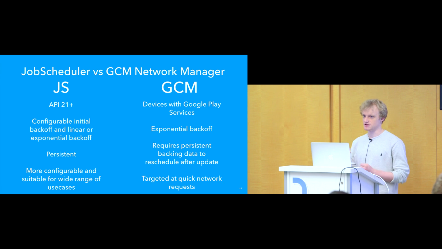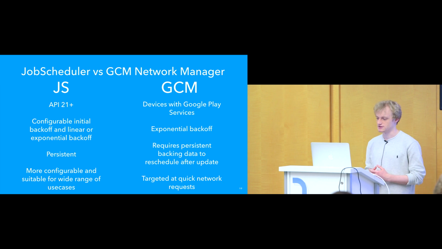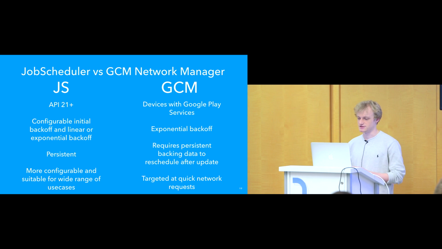You saw the API is pretty similar; it looks like GCM Network Manager borrowed from JobScheduler. You can't configure the backoff, for example. It's not really a big deal to most people. I think exponential backoff is a pretty sane requirement of GCM.